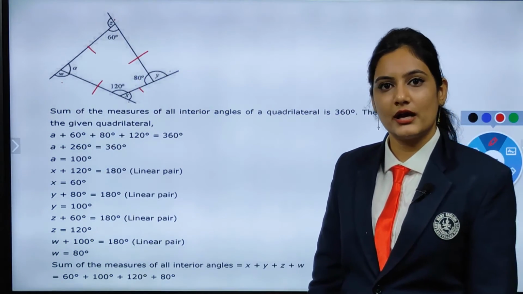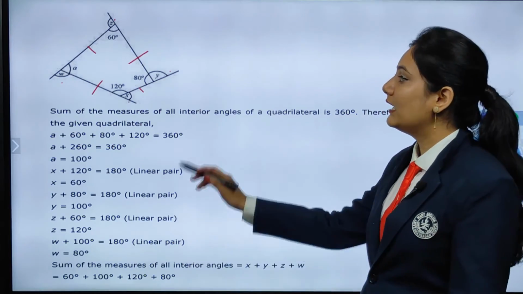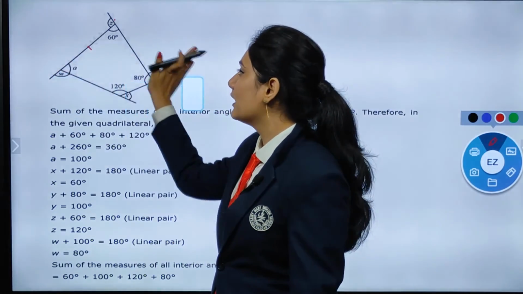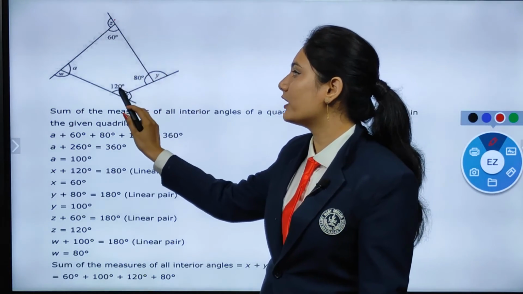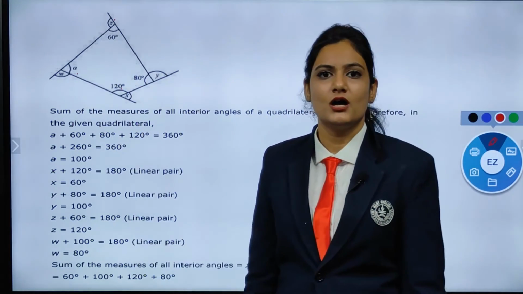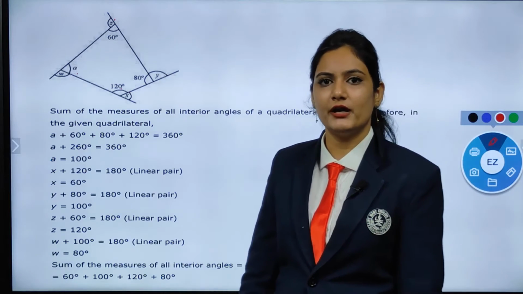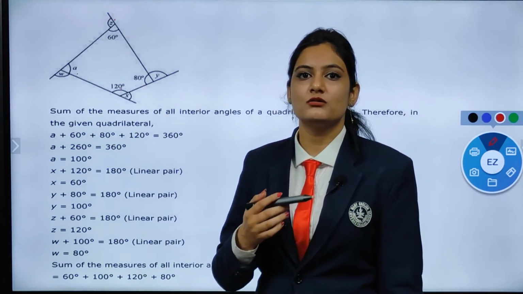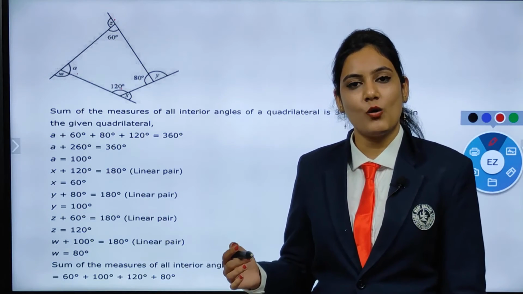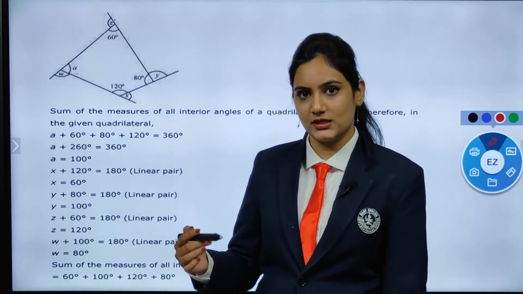Okay, all are exterior angles. Interior angles are already given, that is 60 degree, 80 degree, 120 degree, but this angle is not given. So how you can find the fourth interior angle? You know very well, when you add all the angles in a quadrilateral, it will be equal to 360 degree.